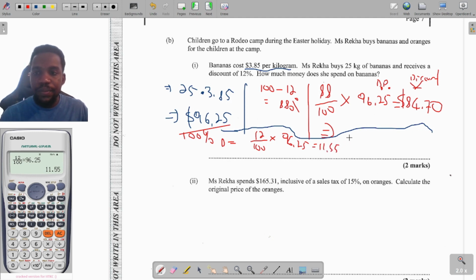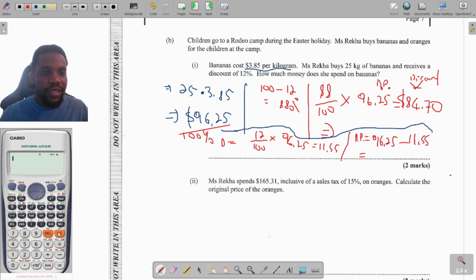All right. So good so far. Now, to get my discounted price, which is DP, which is what I want, I'm going to take my total, which is $96.25, and I'm going to subtract the discount that I have to pay, which is $11.55. Good. Now let me pull up the calculator just to show you that the answer will be the same.